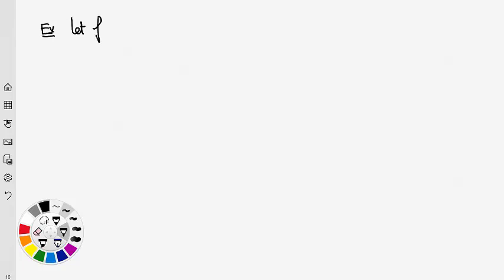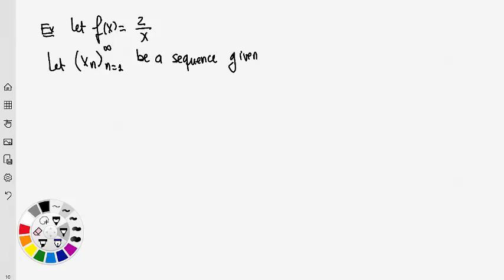If we let f of x be equal to 2 over x, for example, and we let xn be a sequence given by xn is equal to 1 over n. Then I believe you agree that the limit as n is approaching infinity of 1 over n is indeed 0.